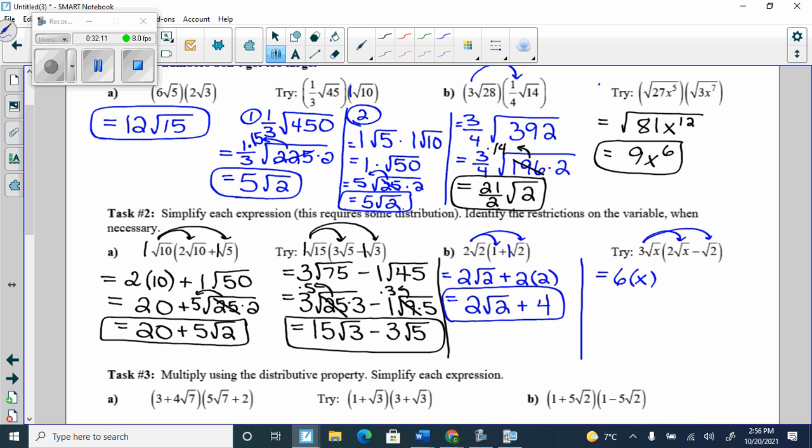Then 3 times negative 1 is negative 3. Root x times root 2 is root 2x. Can anything change on that root 2x? No. So I have 6x and then a root 2x. Can I put them together? Are they like terms? No. I'm done. I box. I move on.